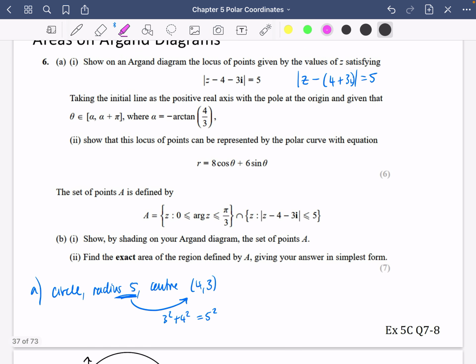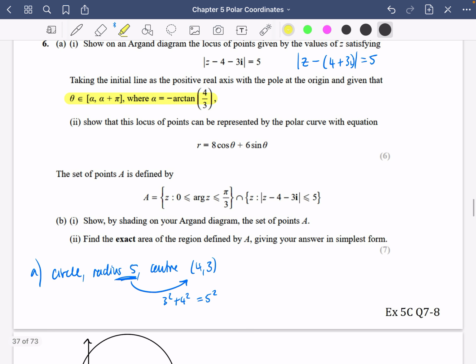It then says, taking the initial line as the positive real axis with the pole at the origin, in other words, it just looks like a normal one, and given that theta is a member of this interval between alpha and alpha plus pi, where alpha is equal to minus arctan 4 over 3. Well, let me just quickly talk to you about that.